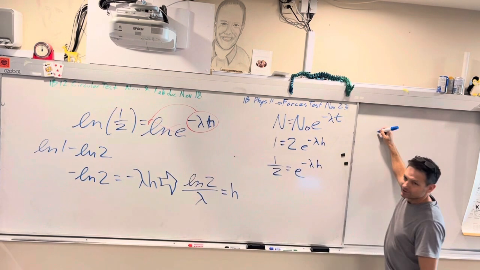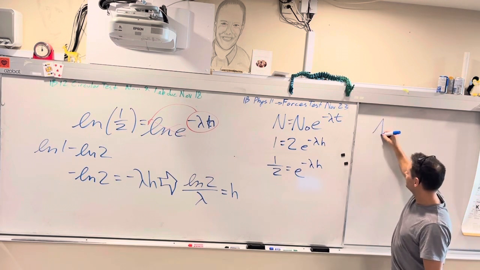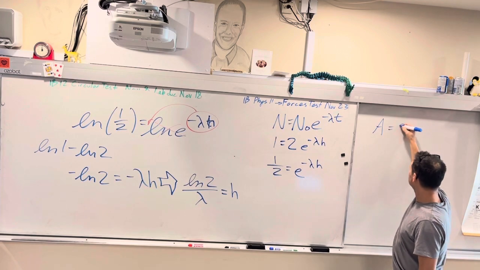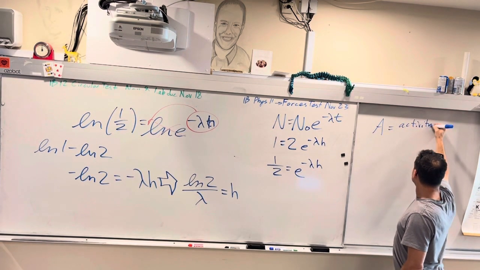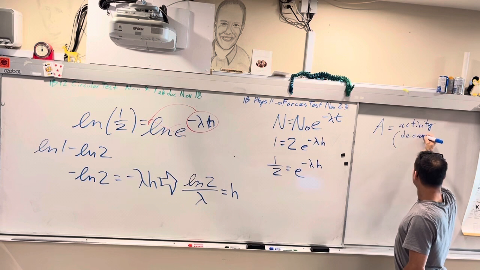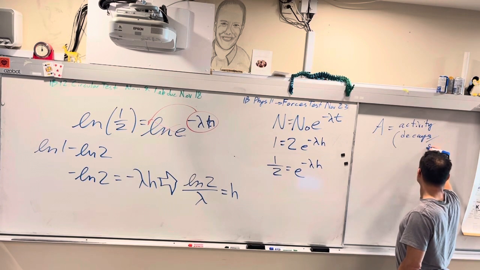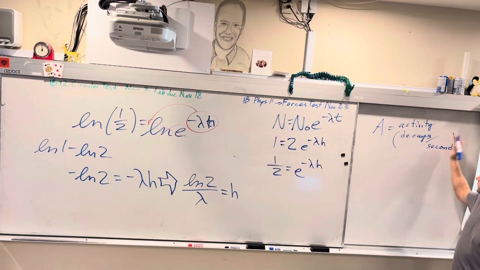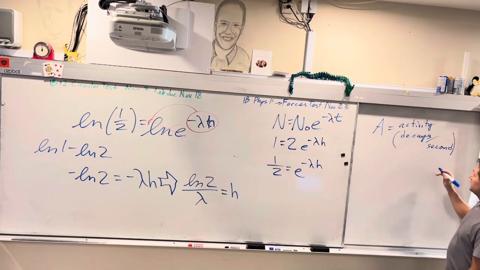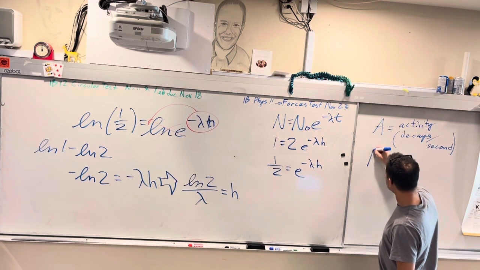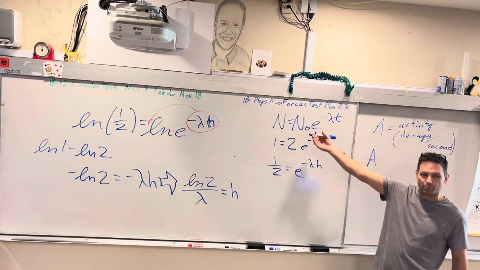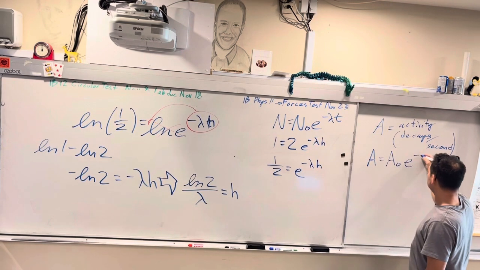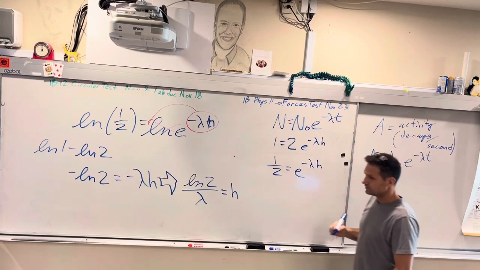Everything's wrong. A is activity. This is decays per second. Can they see this on the video? Yeah, barely. Okay, that's fine. Because the activity is related to the number of nuclei, you can also say that A equals A naught e to the negative lambda t.